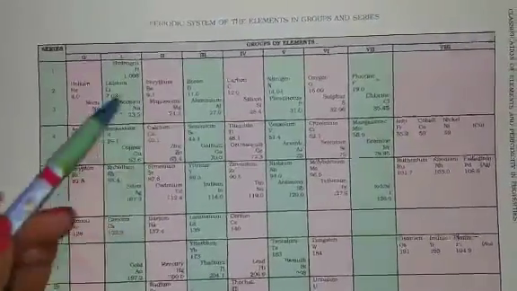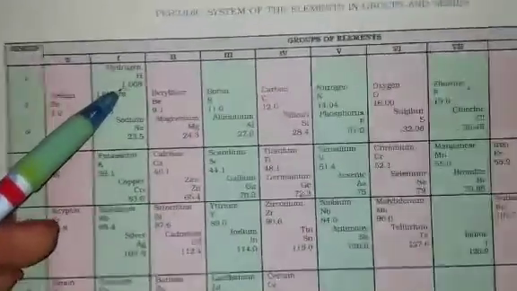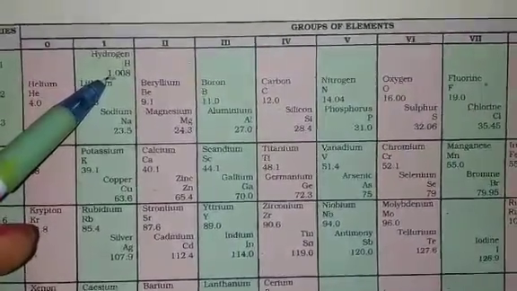Hydrogen had the least atomic mass here.